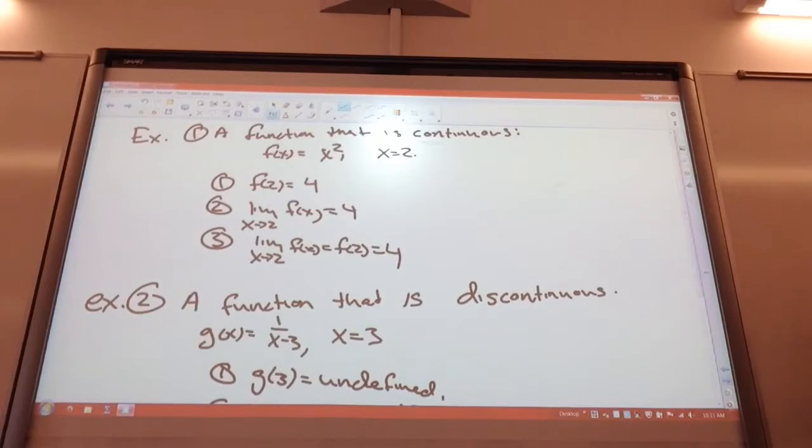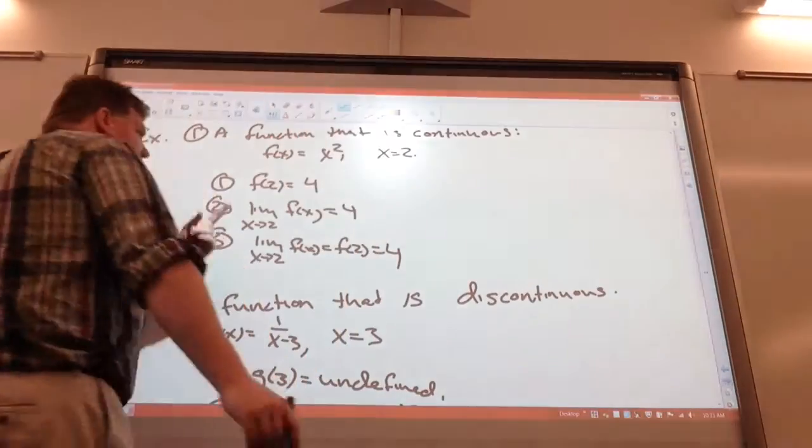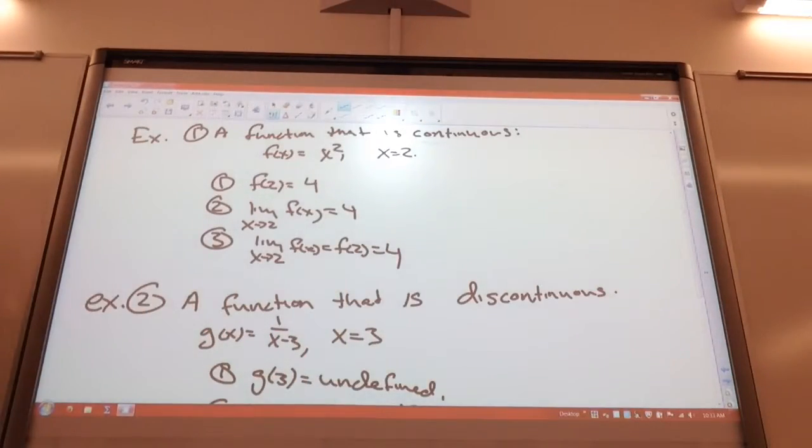Well, with this example here, it should be fairly obvious, okay? At x squared, what's f of 2 going to be? 4. 2 squared is 4. What's going to be the limit as x goes to 2 of f of x in this case? 4. Also 4. So what does that mean? The limit and the function are equal to each other at 2. They're both 4.